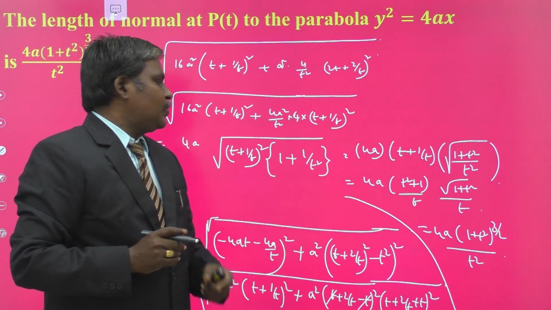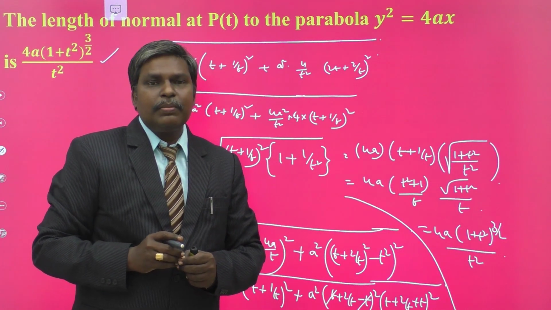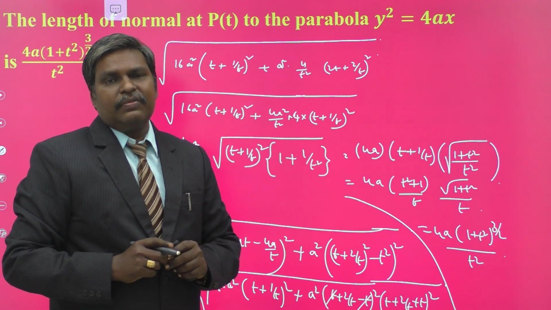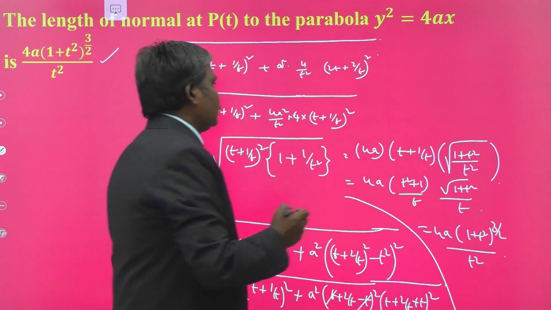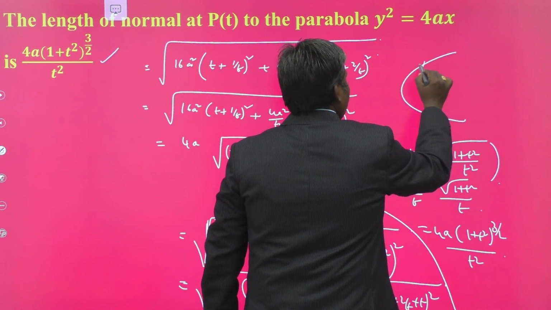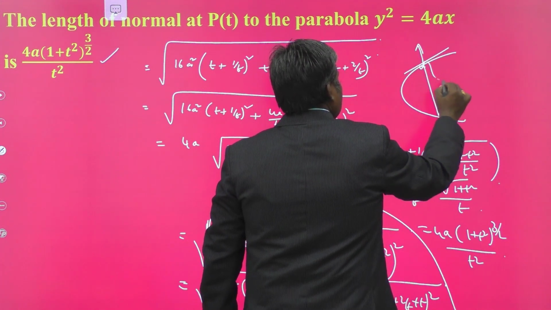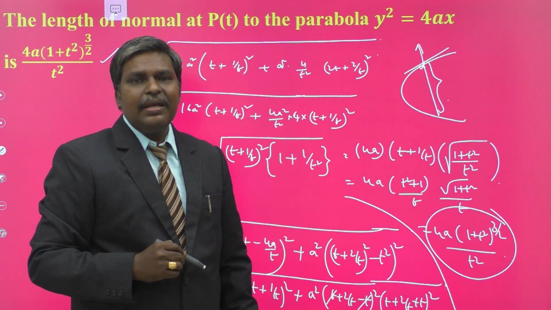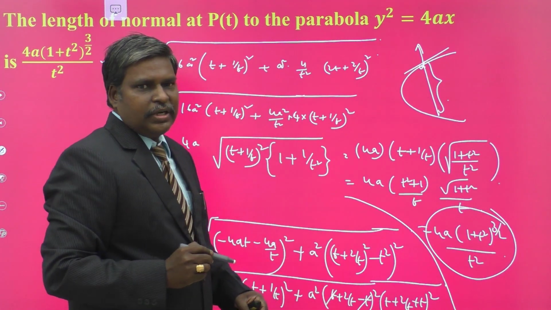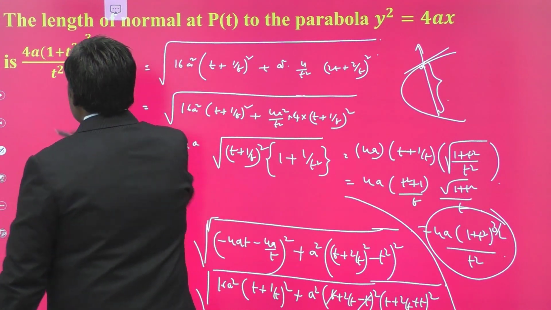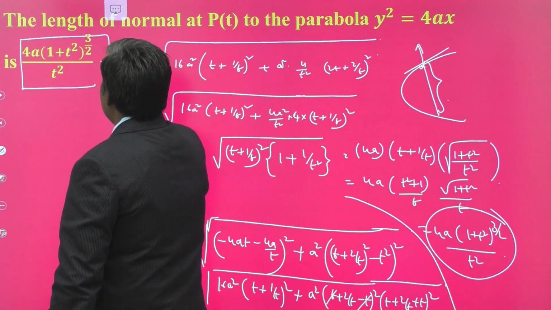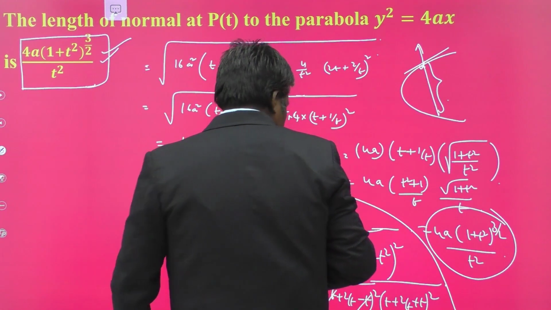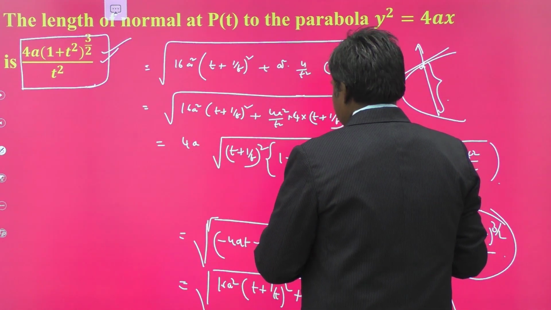We obtain the length of the normal at p of t to the parabola. So if you take any point on the parabola and draw the normal at this point, its length is 4a into (1 plus t square) whole to the power of 3 by 2 by t square. It is a very nice derivation. Remember this formula, it helps you many times. Okay. Next one.